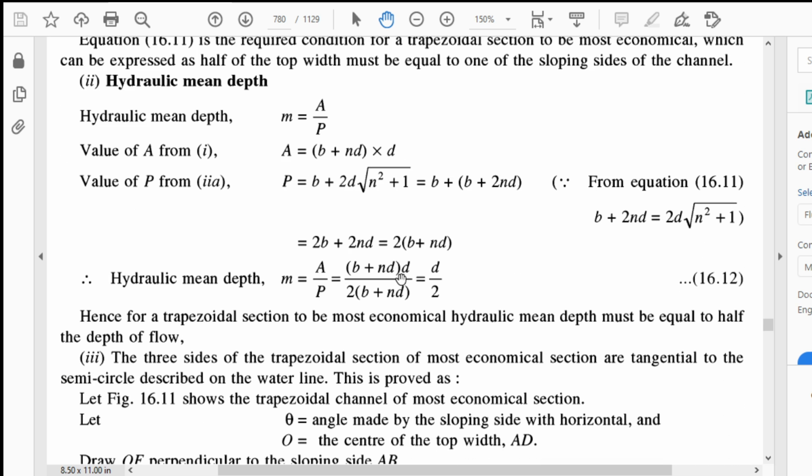Now the second is hydraulic mean depth. Hydraulic mean depth is M equals area of flow divided by wetted perimeter.